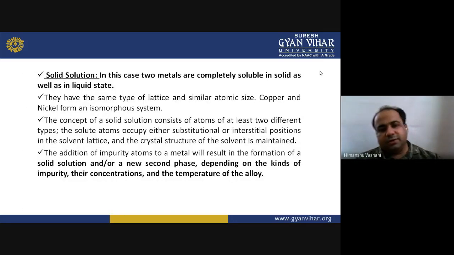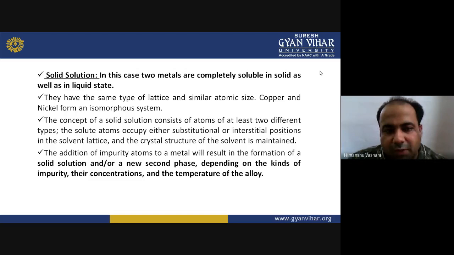Now solid solution. In this case, two metals are completely soluble in the solid as well as in the liquid state. They have the same type of lattice and similar atomic size. Copper and nickel form an isomorphous system.